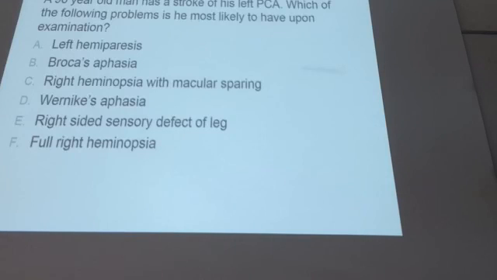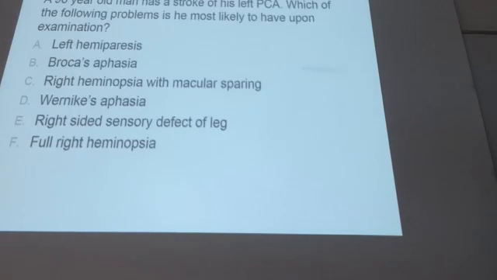Why isn't it left hemianopia with macular sparing? Because if your left PCA is occluded, then you have a deficit on the right side. It goes to the opposite side.